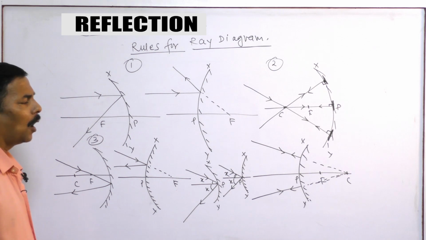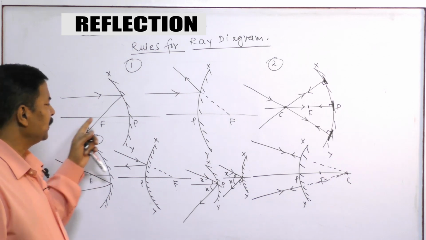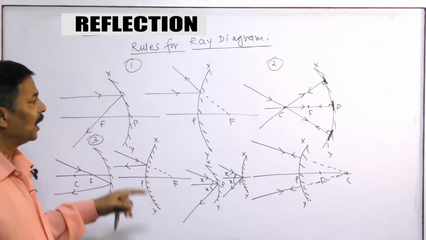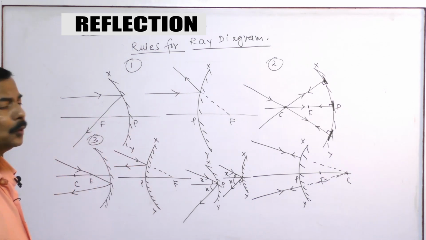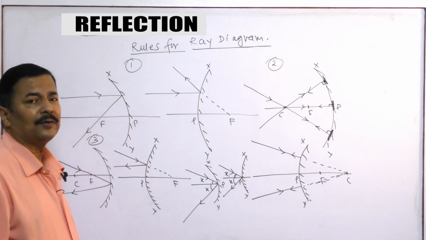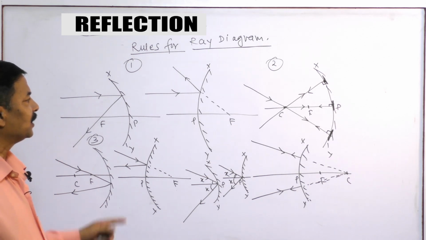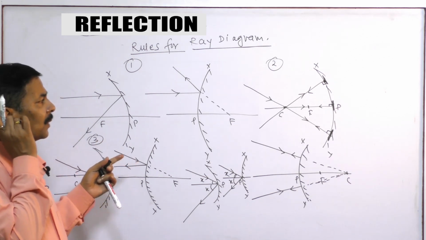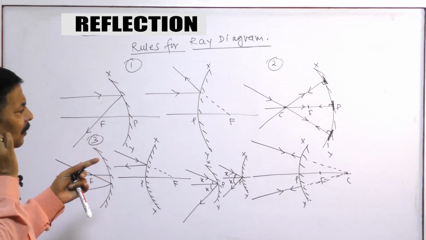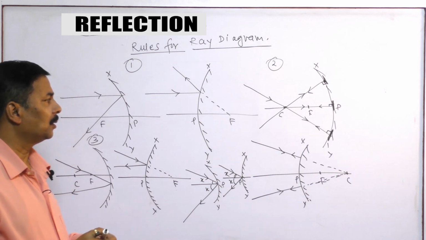Actually, from an object infinite rays are coming out, but for these rays we have the rule known to us, so we will consider only these rays while drawing the ray diagram. Other rays we will not consider because we don't know the rule about those rays.